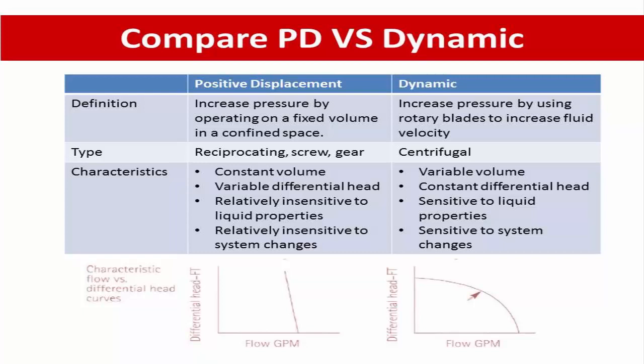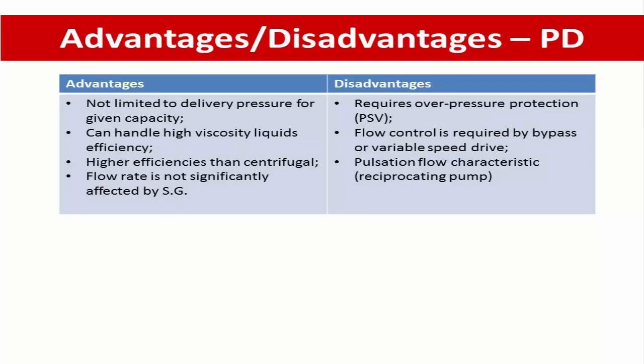Let's compare the advantages and disadvantages of the positive displacement pump. Advantages: not limited in the pressure it can deliver for the given capacity, if you have the power. Can handle highly viscous liquid efficiently. Higher efficiency than the centrifugal because of low internal loss. Flow is not significantly affected by specific gravity.